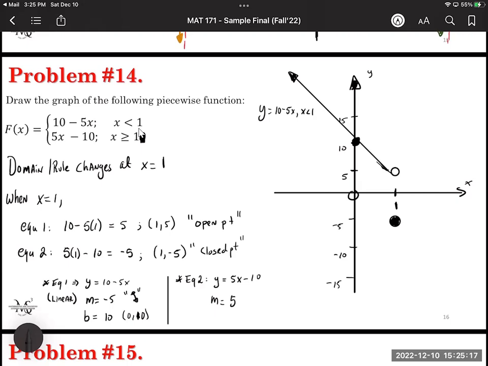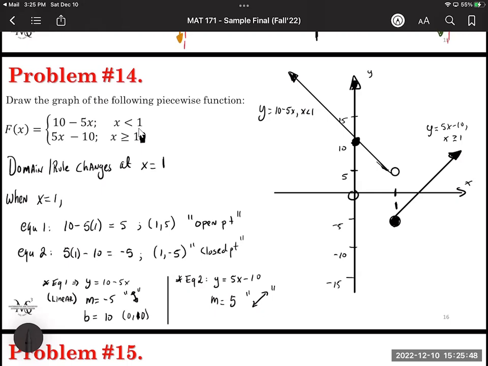So is the line going to increase or decrease? It's going to increase. So at the ordered pair (1, -5), all I have to do is draw a line that's increasing. So the second line that I just drew is y equals 5x minus 10 for when x is greater than or equal to 1.